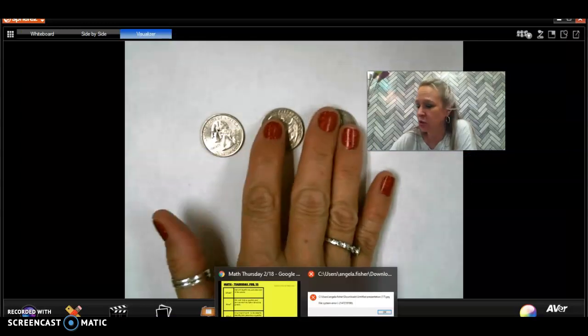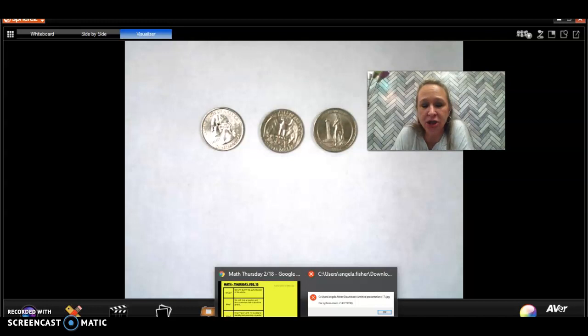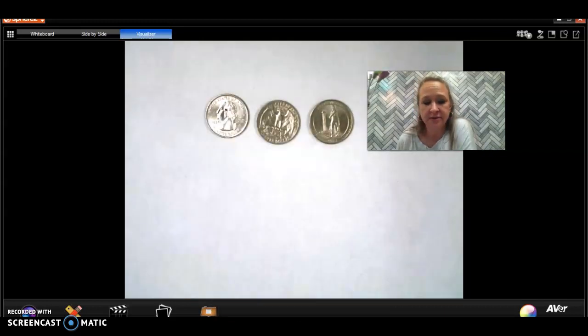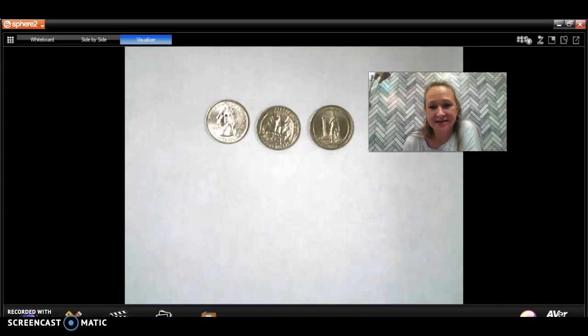Here are some quarters. Now take a look at these and tell me what you notice. What do you notice about the quarters? Oh, yes, I see somebody's head on the front. So we have 3 quarters.